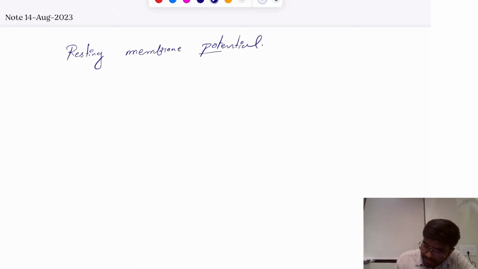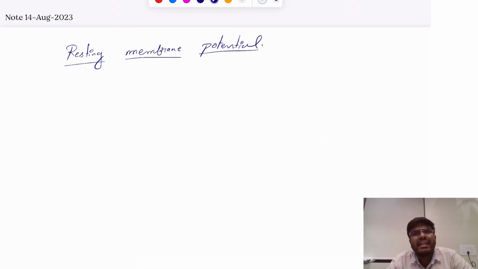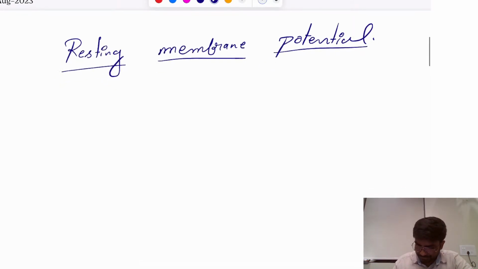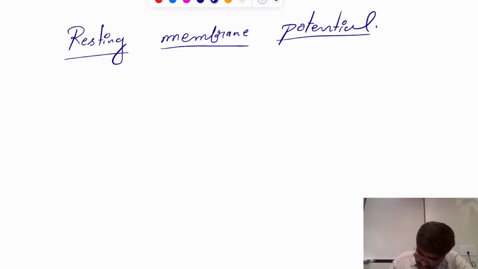So what exactly is this resting membrane potential? You need to understand, this is not just for the neuron, it is for every cell. Imagine this is one cell.